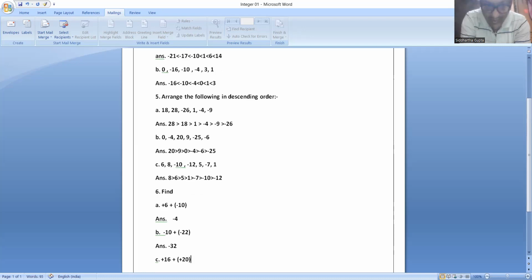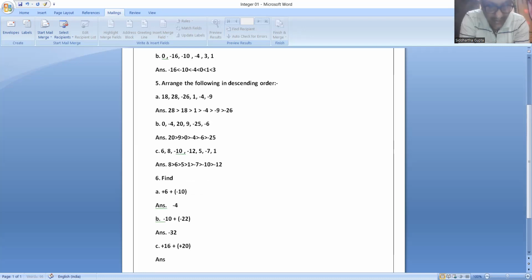So my dear student, you know this thing very well, that both the numbers have the same symbol, that is positive symbol. So we can easily add the numbers. 16 plus 20 will become 36. And you know the symbol of these two numbers is positive, obviously, because both have the same symbol.